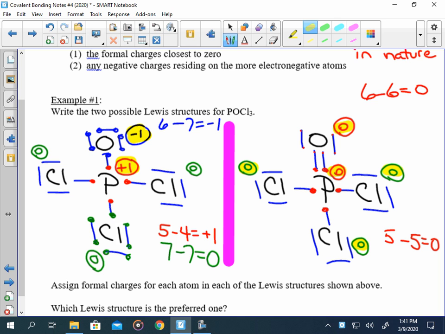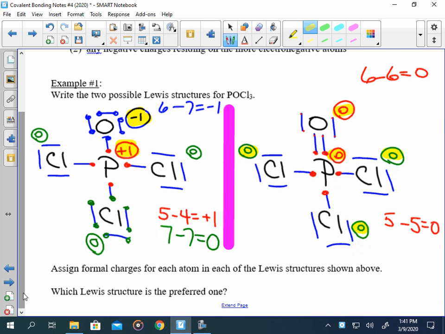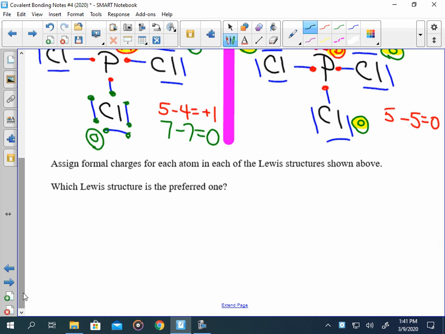That's in contrast to what we would have you believe based on the first year course, where you say the octet is everything. But nature doesn't care about what we think. It does what it does. And the rule of the game would be minimize the formal charge. So which one is the preferred one?